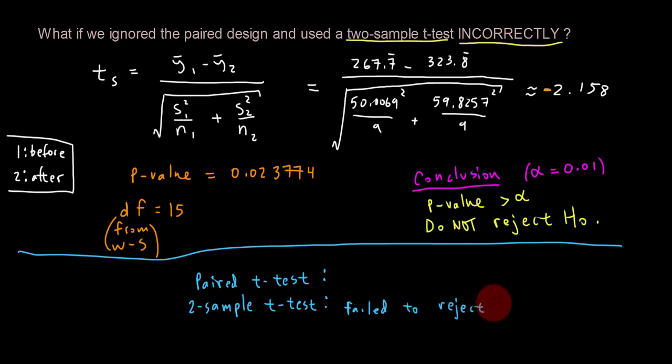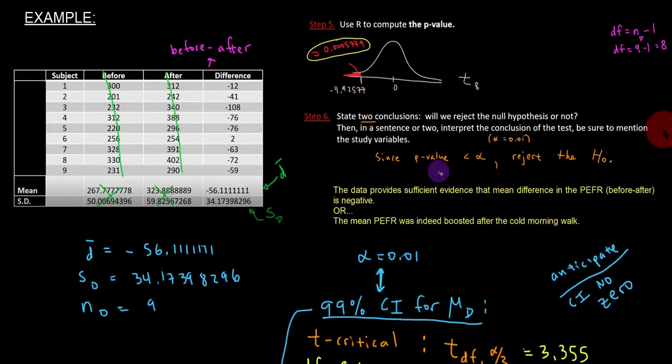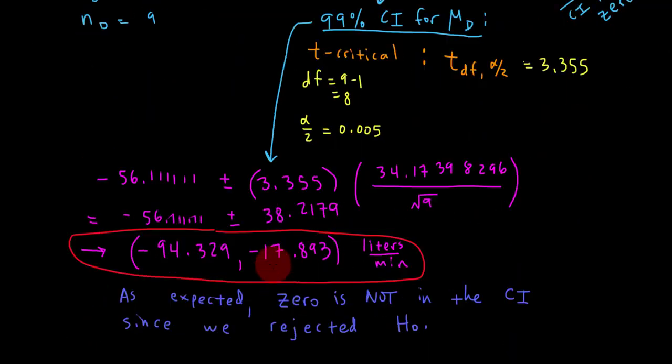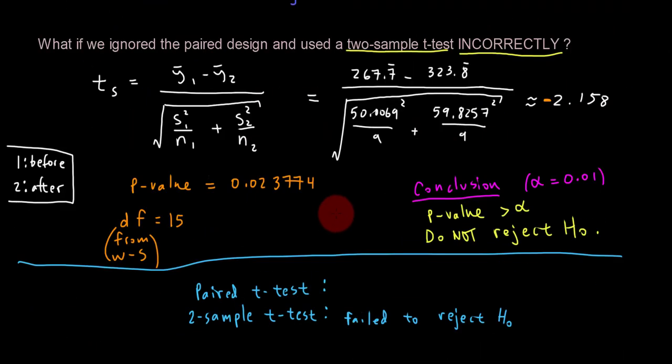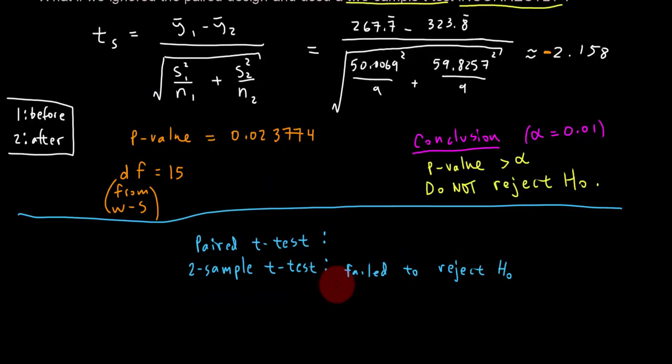But when we did the paired test, we ended up with a very small p-value and ended up rejecting the null hypothesis, and then we also demonstrated that with this confidence interval. The paired t-test, we did reject the null hypothesis.